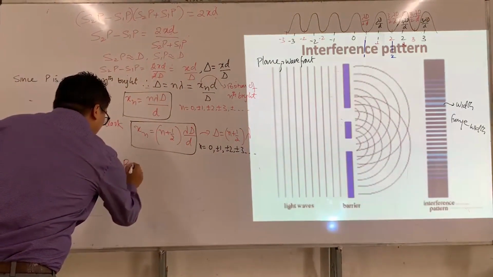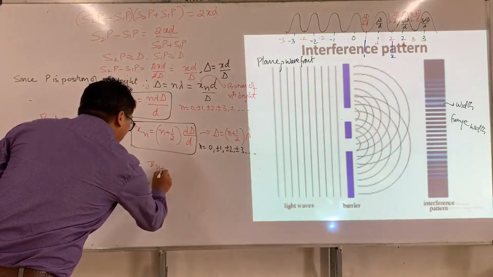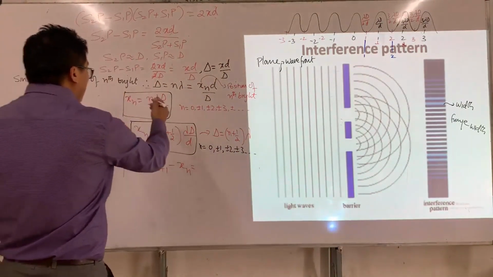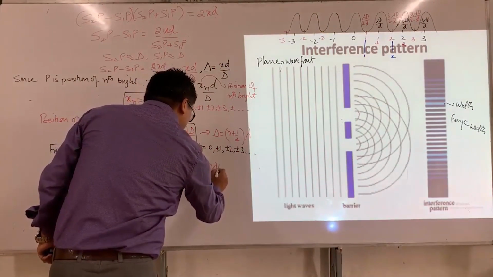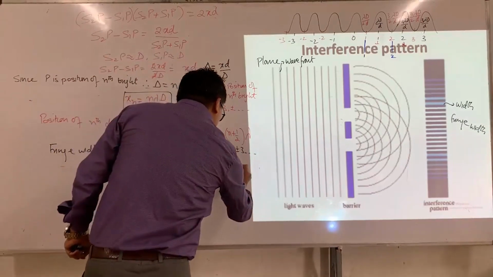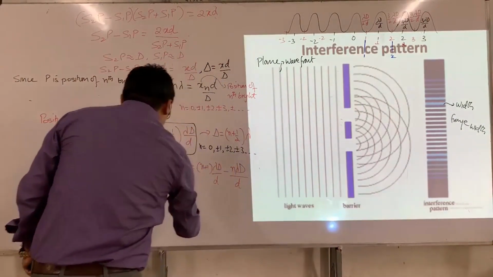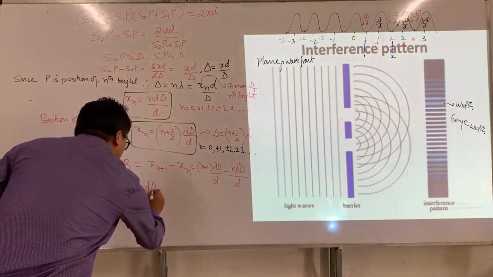Fringe width is given by beta, which is equal to x(n+1) minus xn. What is xn? If I use x(n+1) as (n+1) lambda D by small d, minus n lambda D by small d, the fringe width would be equal to lambda D by d.